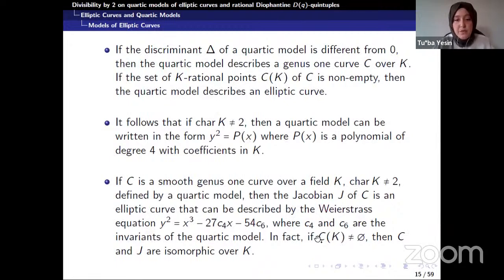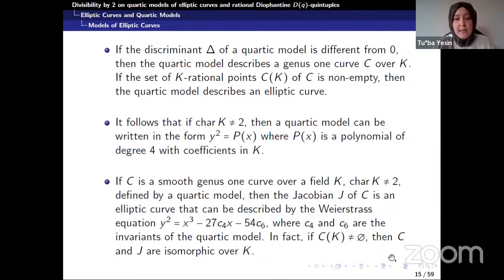And moreover, if there exists at least one K-rational point on this quartic model, then we know that C and J are isomorphic over K. So with this fact, we can see that if there is a point on this quartic model, we can get a Weierstrass model from it.